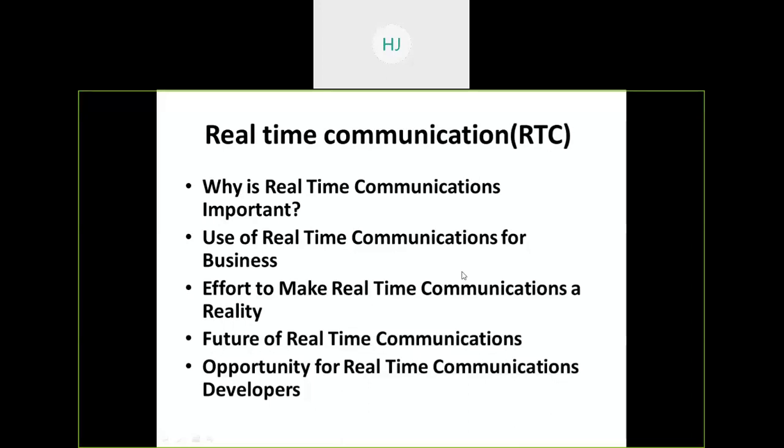Then, what is the use of real-time communication for the business? While real-time communications may seem relatively new to consumers, businesses have used the functionality for somewhat longer.